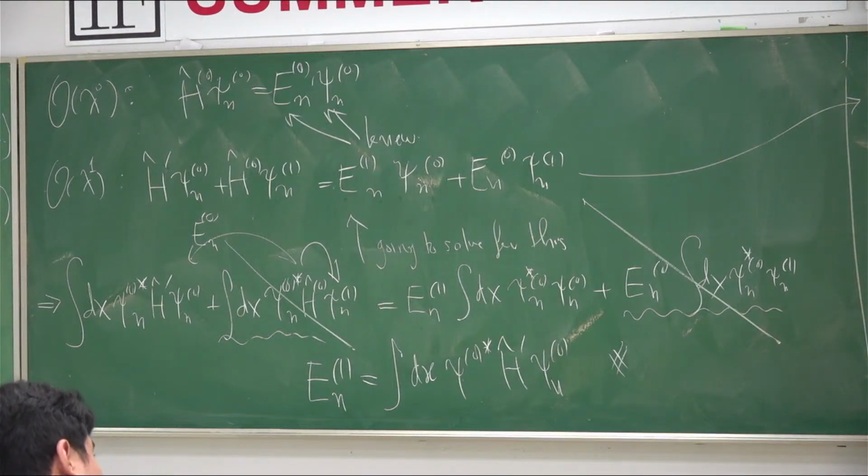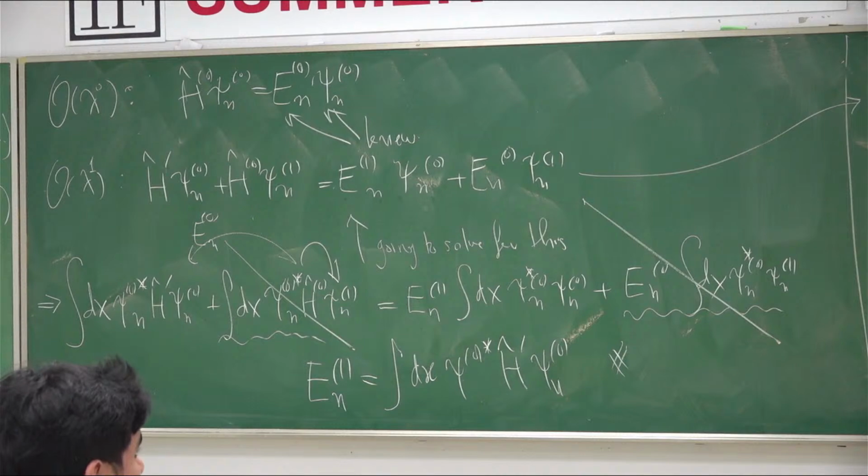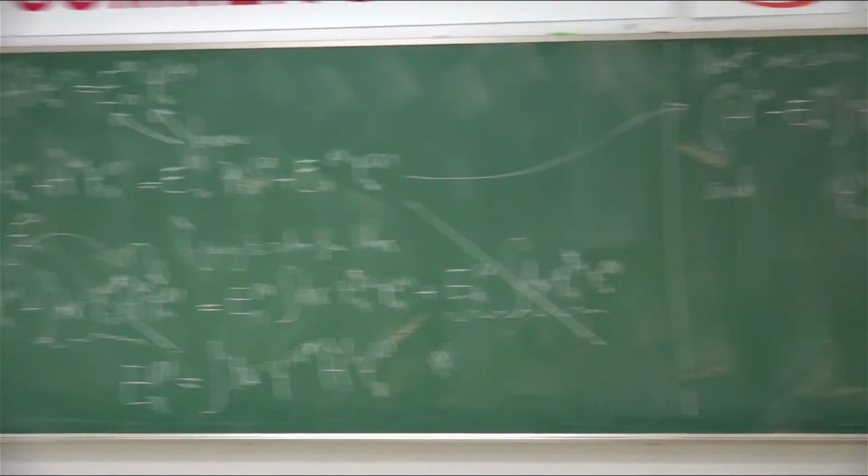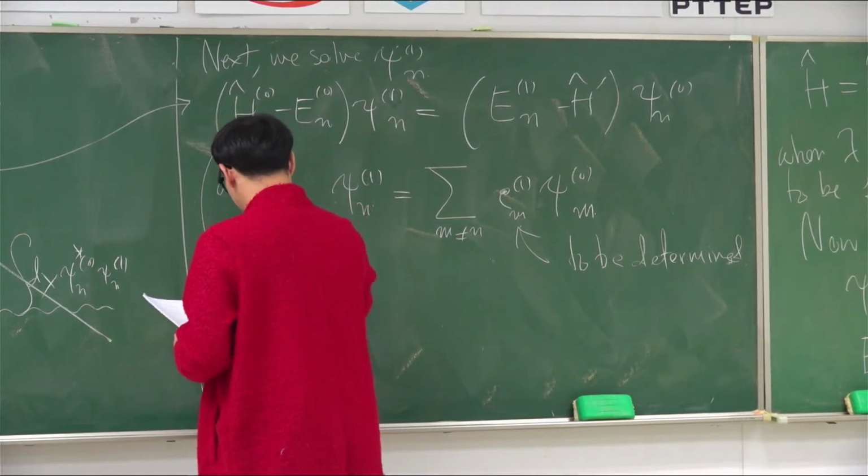And also put this. You expand the first correction of the eigenstate in terms of the well-known ones, in some linear combination with coefficients to be determined.